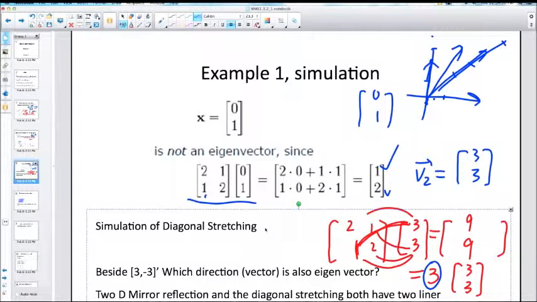That's why this lambda 2 as the eigenvalue equals 3. So if you matched all this computation to the simulation, what you see, now you figured out, oh, eigenvalue, eigenvector, they're really not that complicated. They have all clear geometric interpretation.